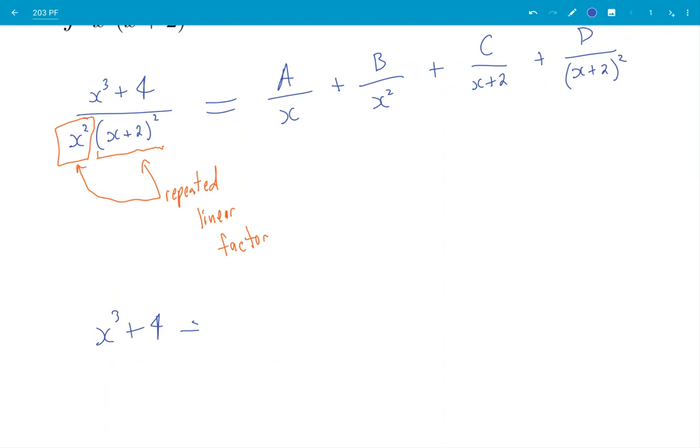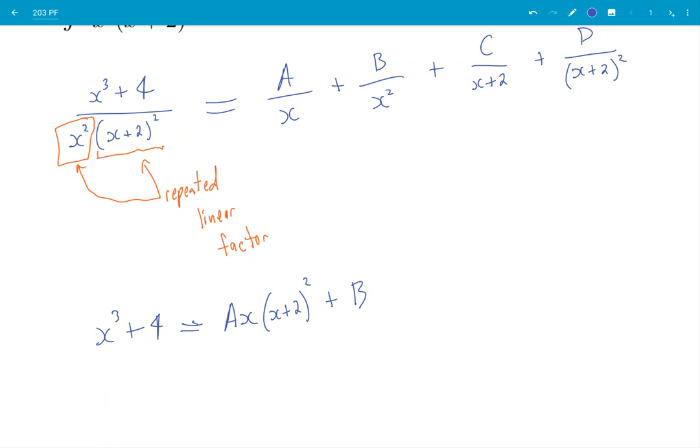So what's going to happen is that this x here is going to cancel one of these x's. So I'll get just x plus 2 squared plus b. Now this x squared is going to cancel all of that.